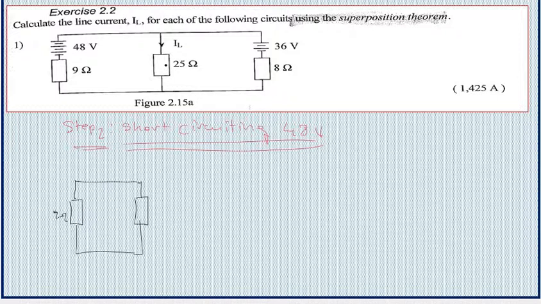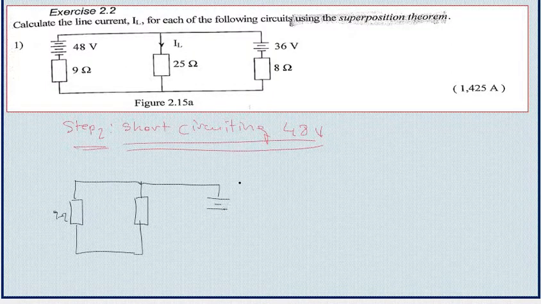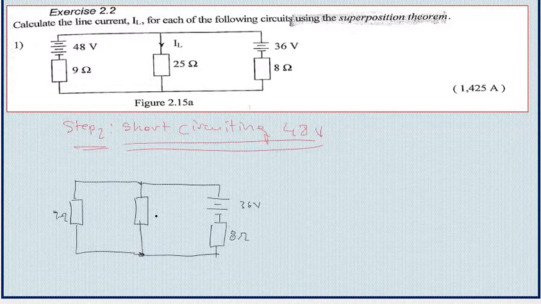So this is that resistance here, and then we have a source of voltage on the right, which has a value of 36 volts, and that resistance here is 8 ohm. So here we have 25 ohm and then we have 9 ohm, which is already given.